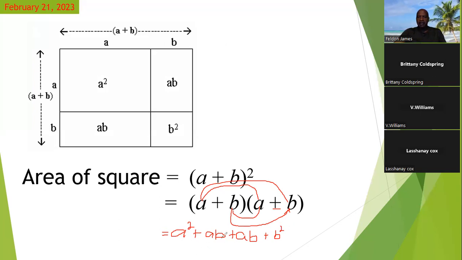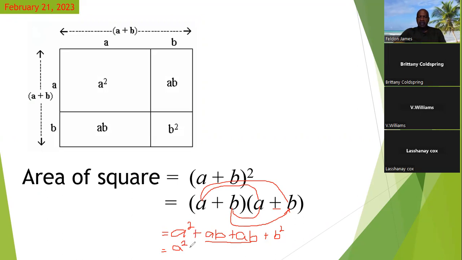Now, if we simplify the expression by adding the like terms that we have in the middle here, then what we will end up having is A squared, and I hope you all can see down here. If you cannot see, please let me know.